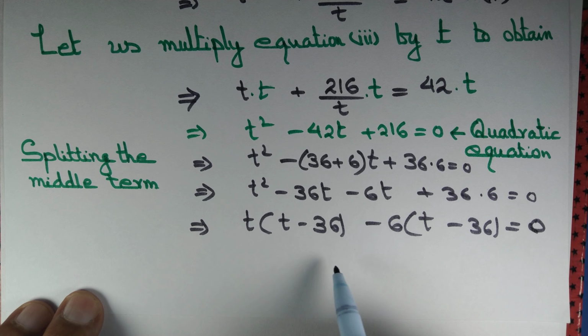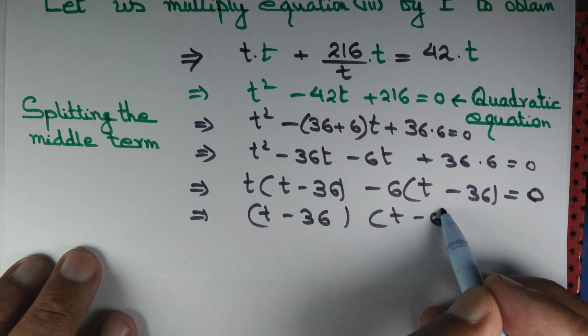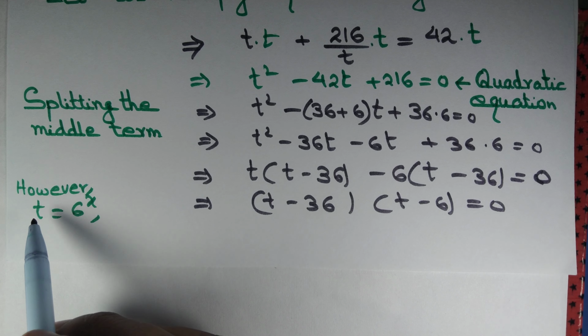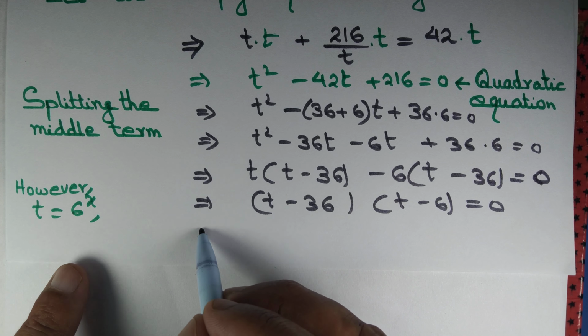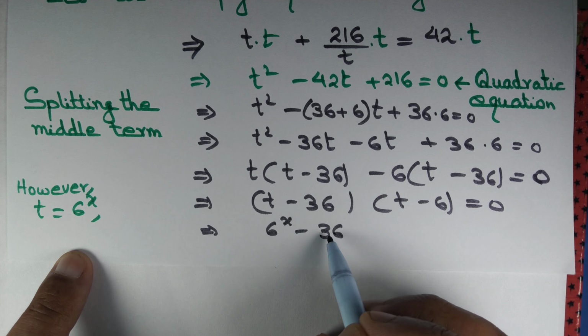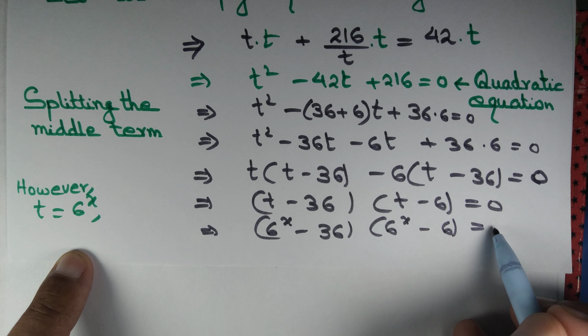Now we see that we can take (t - 36) common and we are left with (t - 36) into (t - 6) = 0. However, we are assuming that t = 6^x. So we can write this equation as (6^x - 36) into (6^x - 6) = 0.